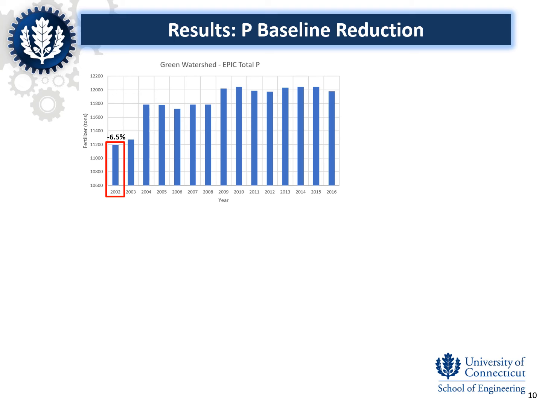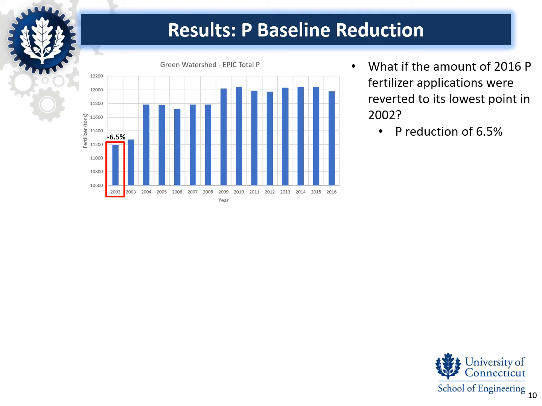For this scenario, we're investigating what would happen if 2016 phosphorus fertilizer applications were reverted to its lowest point in 2002. So we applied a 6.5% reduction to each of the phosphorus fertilizer application variables paired with 2016.